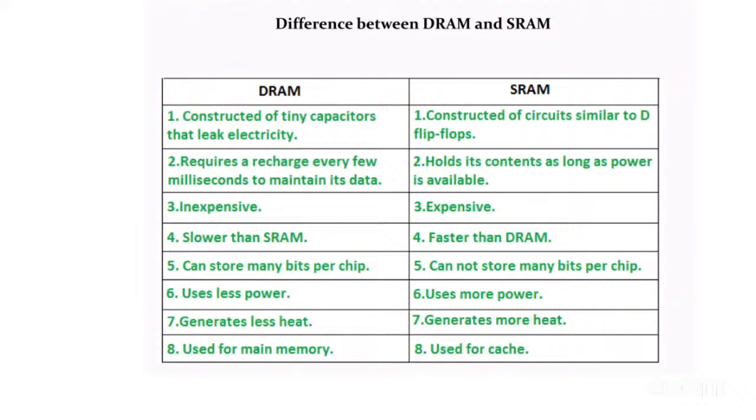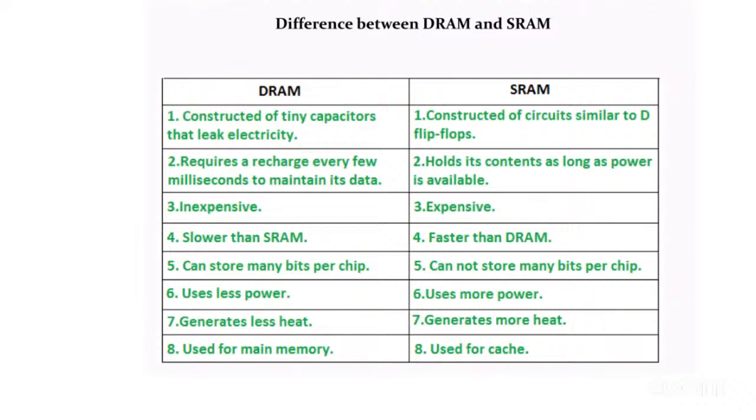DRAMs are inexpensive and SRAMs are expensive. DRAMs are slower, whereas SRAMs are faster. DRAMs can store many bits per chip, whereas SRAM cannot store many bits per chip.